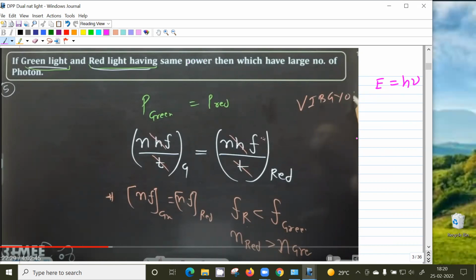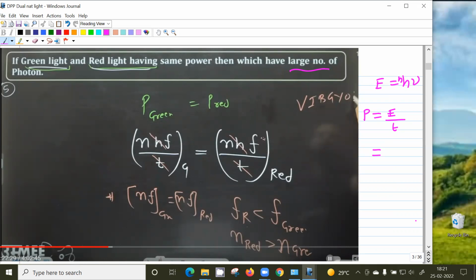So what is power? Power is energy by time. So he's asking the number of photons, right? So this energy is not of a single photon, it is of n photons. Energy of a single photon is h nu. Energy of n photons is n h nu.